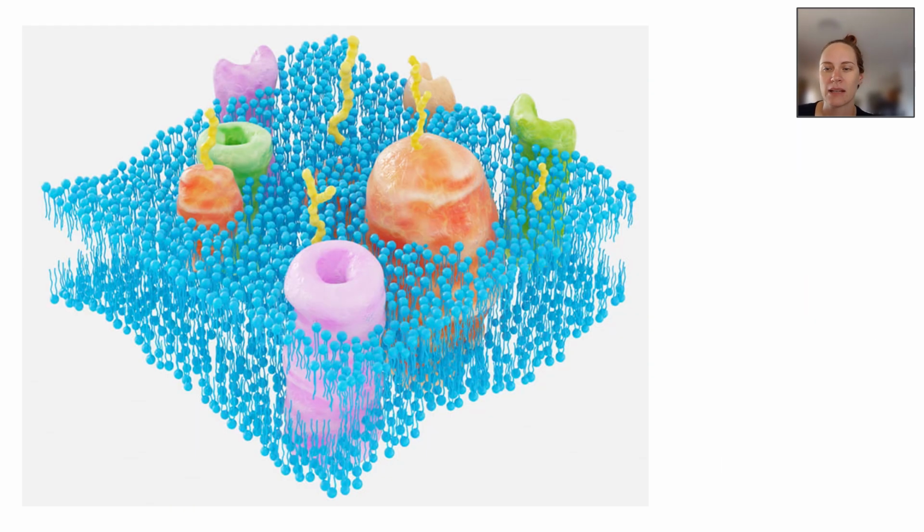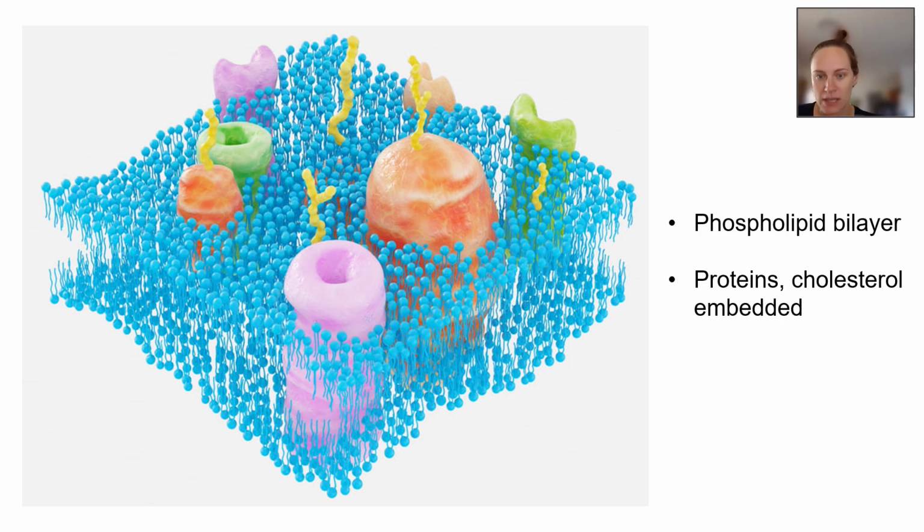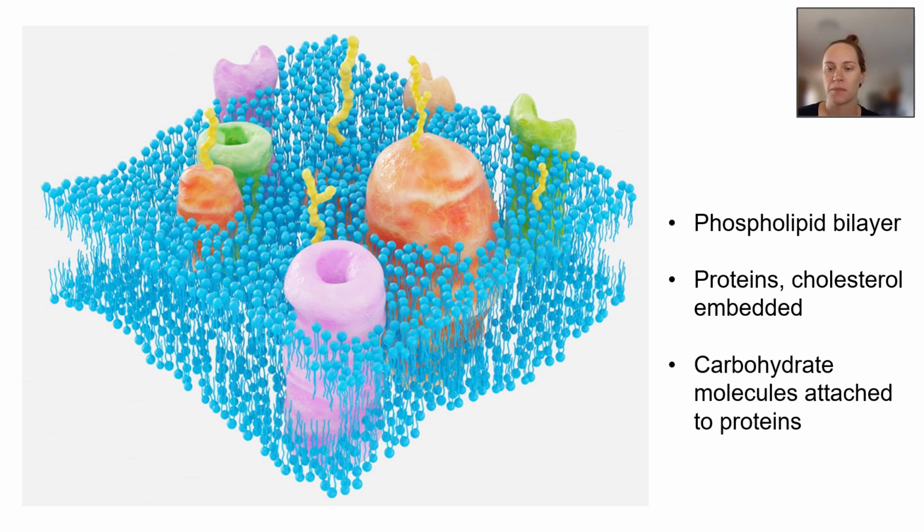So a fluid mosaic model can be depicted in many different ways, but always remember that this is a 3D structure. It is not a 2D piece of paper. So the bilayer of phospholipids, and then proteins acting as kind of channels for things to come and go. It's very fluid, it moves, the phospholipid bilayer is moving, and there's also cholesterol and carbohydrates in there for various reasons.